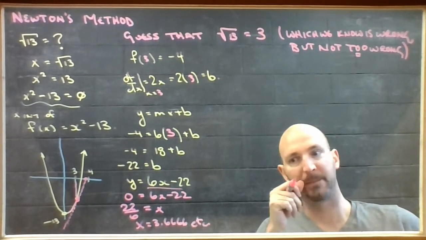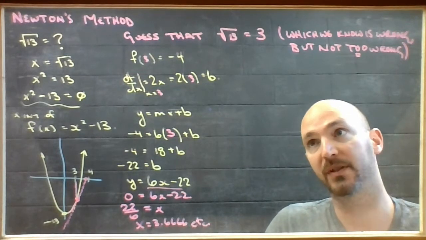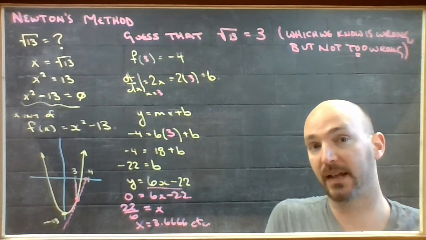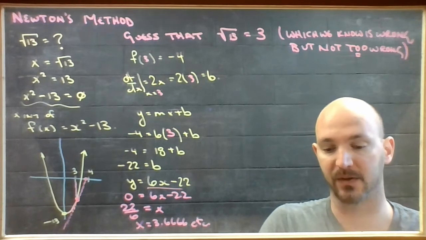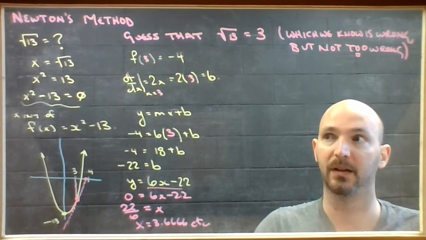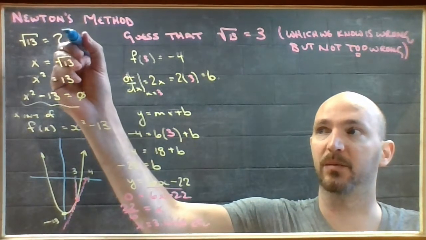Okay. So I'm going to decide how many decimals I want to refine this down to. So I'm going to go with 5 decimal places.